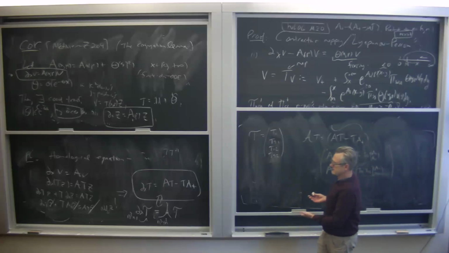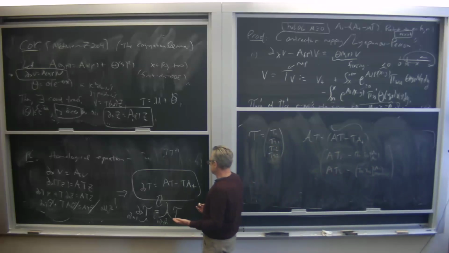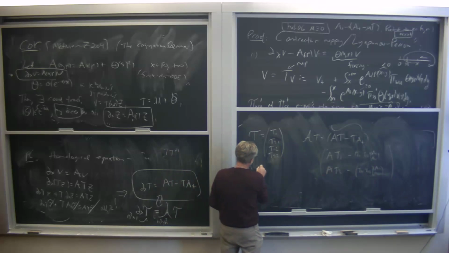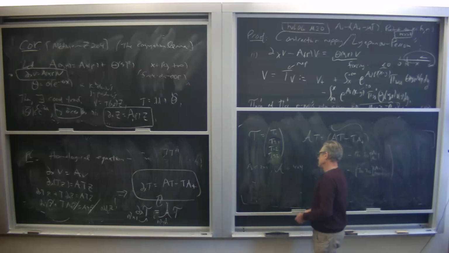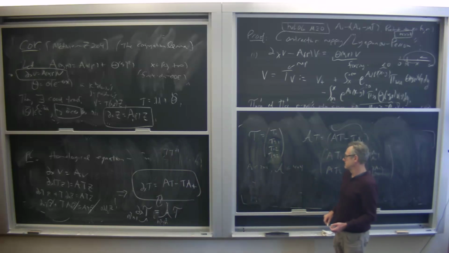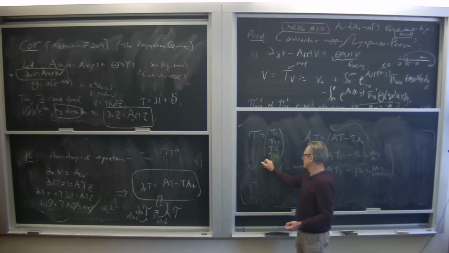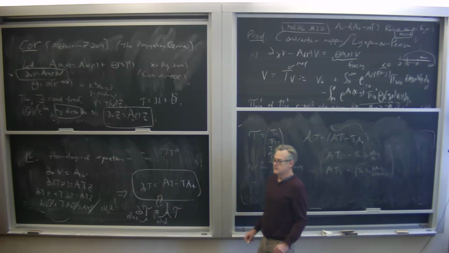So if A is 2 by 2, then script A is 4 by 4. It's not so bad. It's n squared by n squared, and n is 2. So for 2 by 2 it's not so bad.